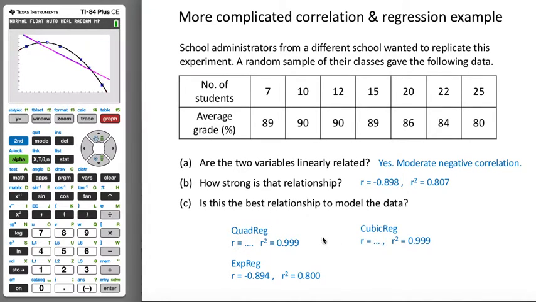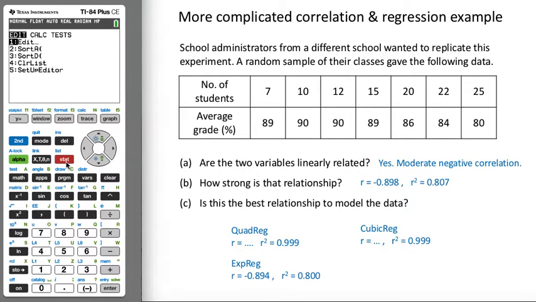Let's do one more. This one is power regression. Okay, so I suspect it will be similar to these first two. Let's call that Y5, number 5, enter.